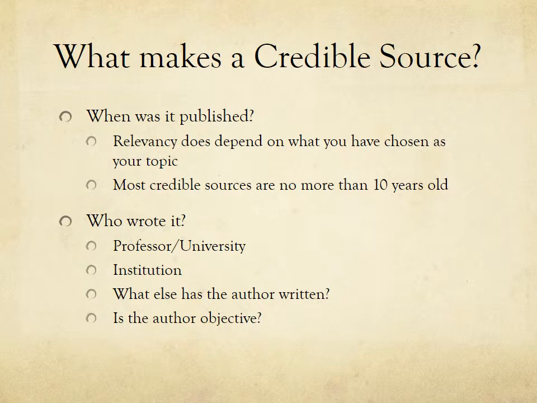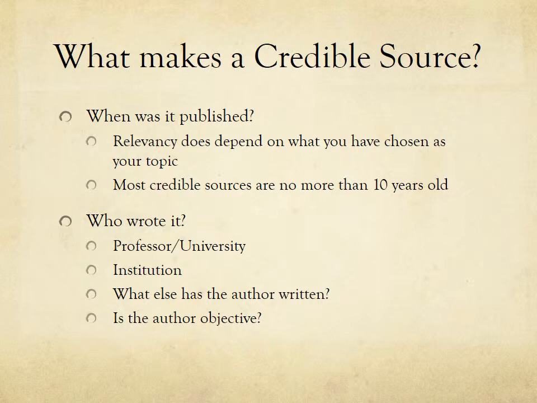Next, we want to look at who wrote the source that you are looking at. If a professor or university wrote the source, then it is likely a scholarly article and someone in the field has looked at it to make sure that it is credible. Institutions do not always equal credibility.